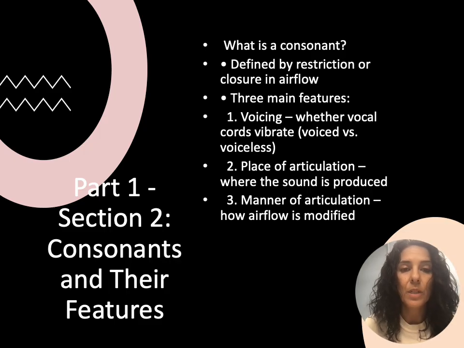Bilabial is with both lips, like b. Labiodental is the lip and the teeth, like v. Interdental is between the teeth, like in thin or this. Alveolar is the tongue to the ridge behind the teeth, like in t, d, n.